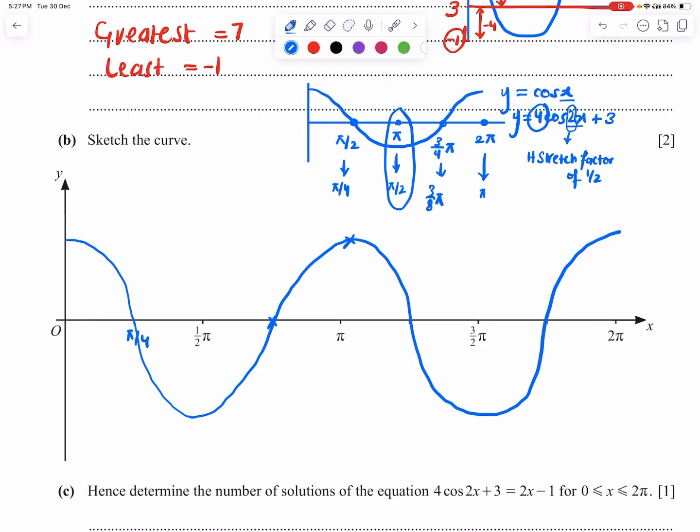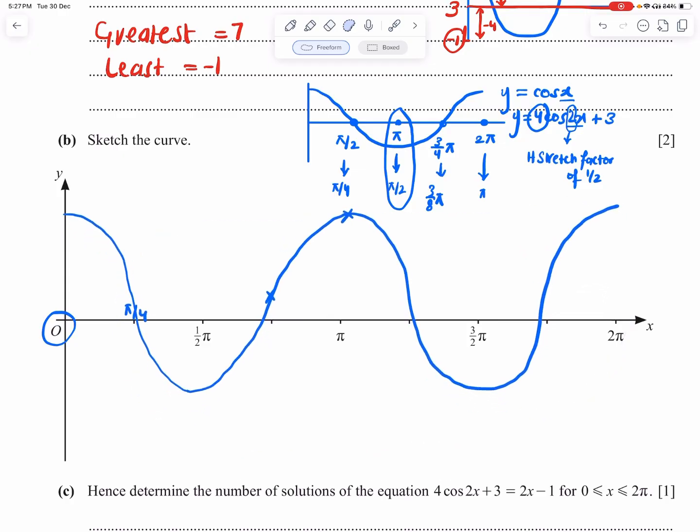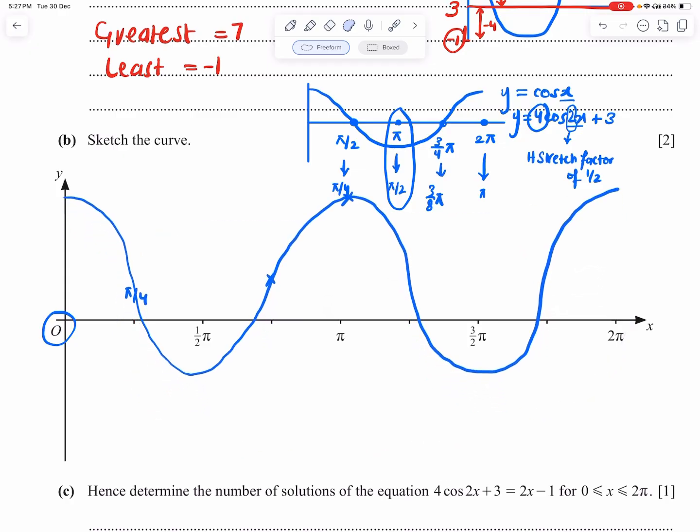The graph I've drawn right now has a mean axis at 0, which basically means I need to shift my graph upward. And I need to label the center of this graph as 3. And I need to label this as 7 and this lowest point as negative 1, just as we have written over here.